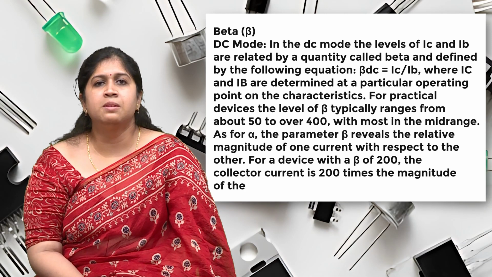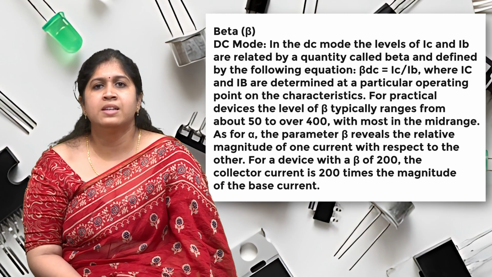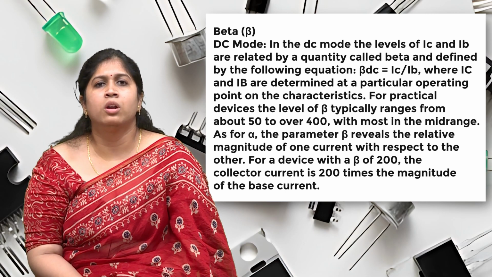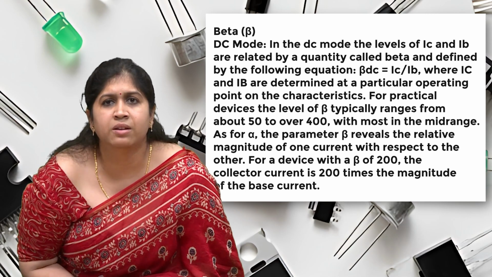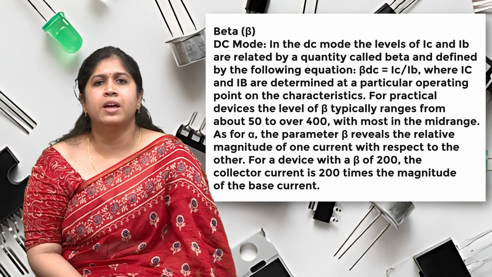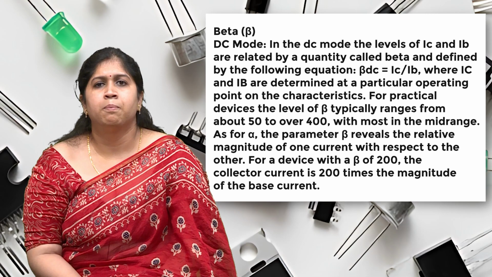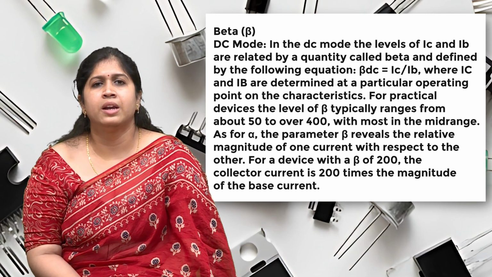Beta DC mode. In the DC mode, the levels of IC and IB are related by a quantity called beta and defined by the following equation. Beta DC equals IC by IB, where IC and IB are determined at a particular operating point on the characteristics.